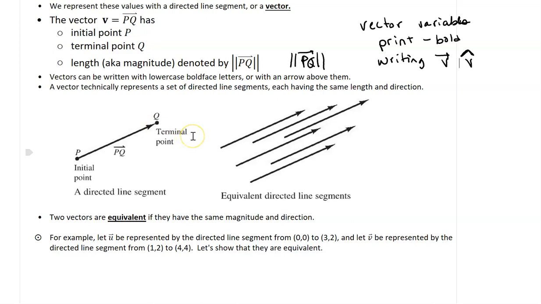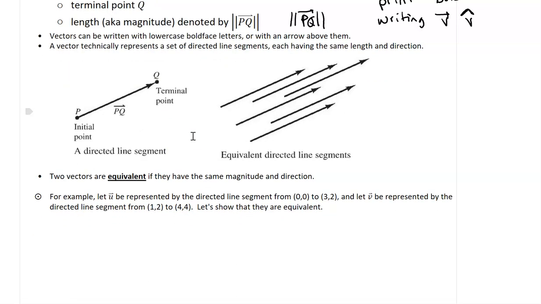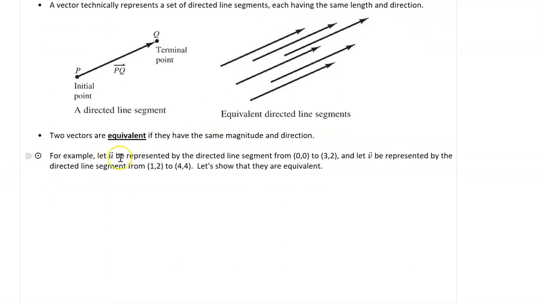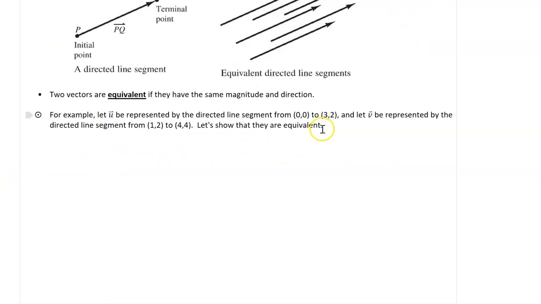Two vectors are equivalent if they have the same magnitude and direction. Notice we don't use the word equal, we use the word equivalent. So two vectors are considered to be equivalent. If we let u be represented by the directed line segment from (0, 0) to (3, 2), and v by the directed line segment from (1, 2) to (4, 4), we're going to show that they're equivalent.